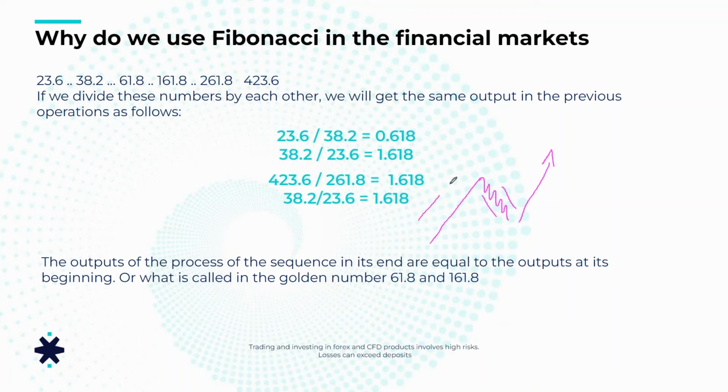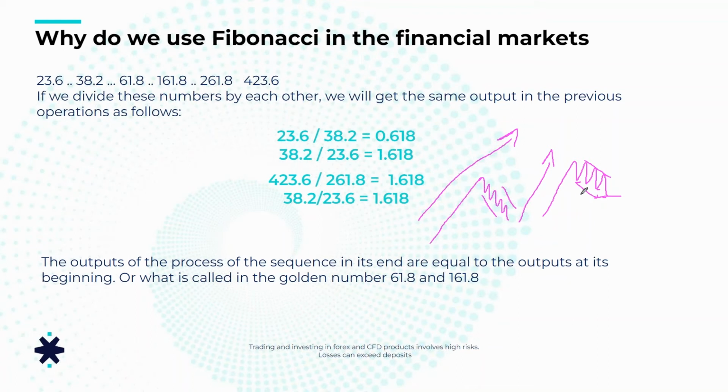Why? Because the overall momentum of the market is still bullish, still long. So if the market is going for a retracement, we're going to use the Fibonacci in our retracements for the golden levels. For example, we have the retracement of 23 or maybe 38 or 61%. So we already have the information about the retracement levels.